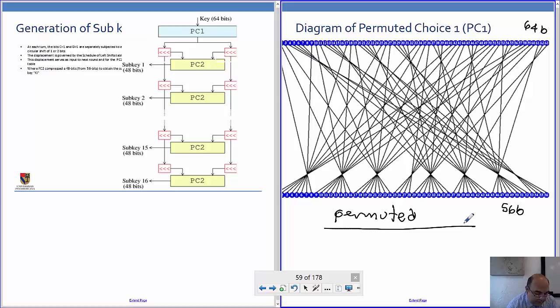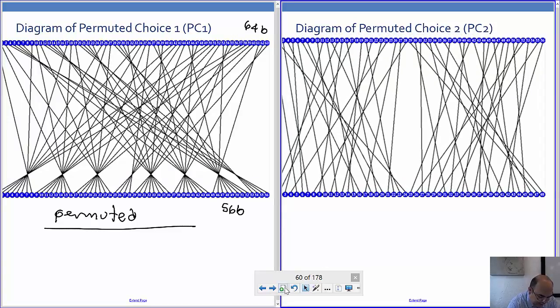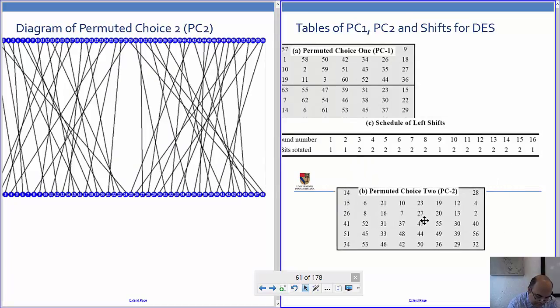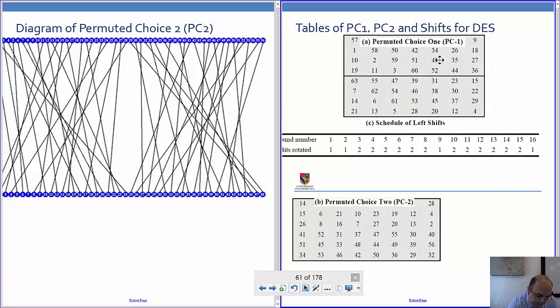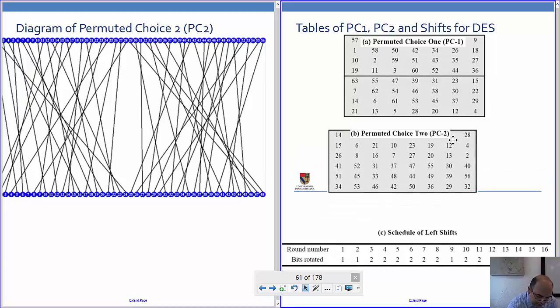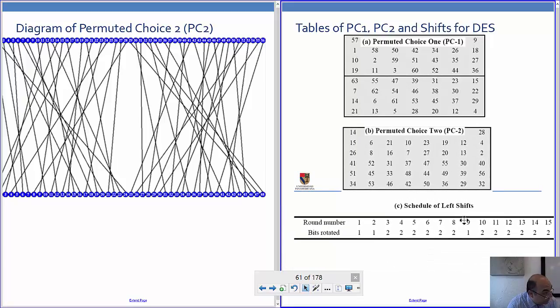That's permuted choice 1. Now let's look at the tables. This is permuted choice 2, and this is the schedule.